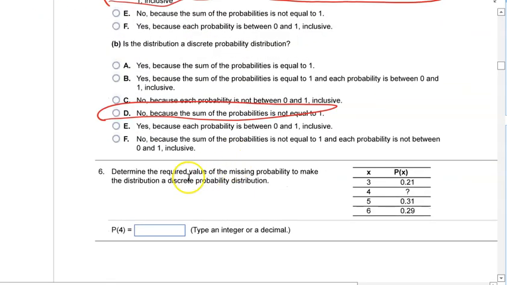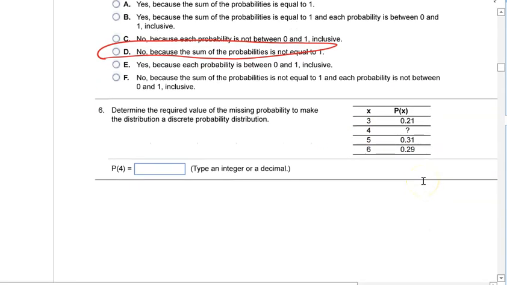Question: determine the required value of the missing probability to make the distribution a discrete probability distribution. That means, what value of P of 4 makes this a discrete probability distribution? Notice that the sum of the probabilities must be 1.